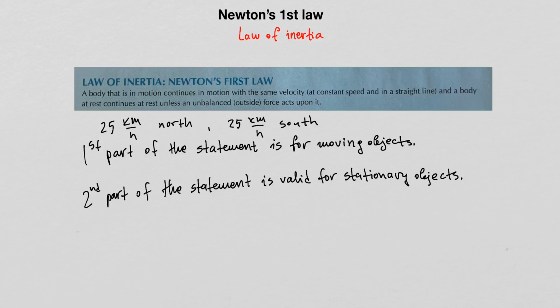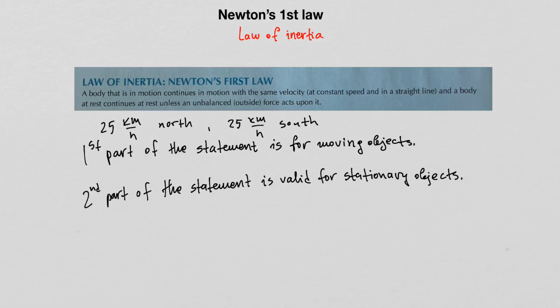And on the other hand, we can have an object that's in motion, but then it stops at rest, and then unless an unbalanced outside force is applied to this object, it will remain at rest forever. So the two statements can be used together, depending on the situation.